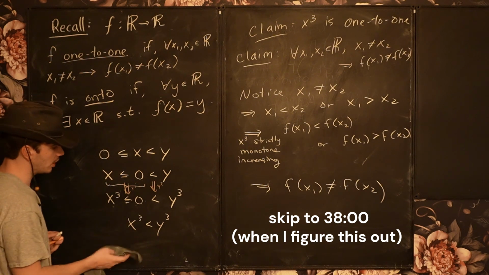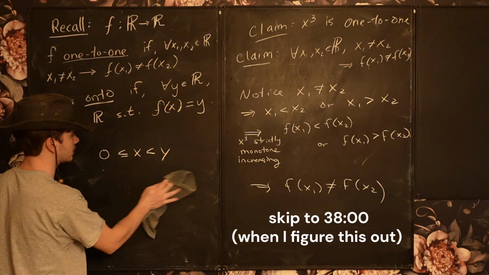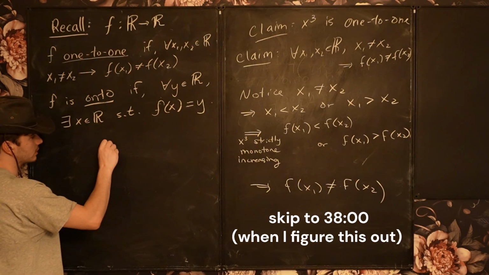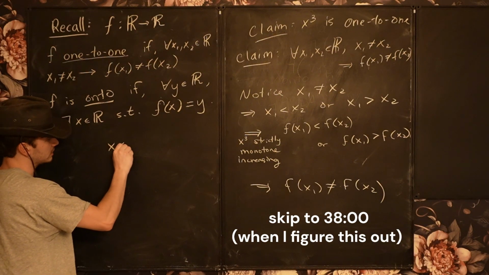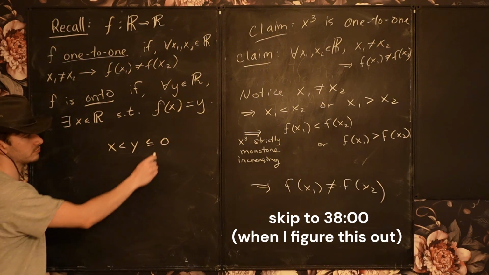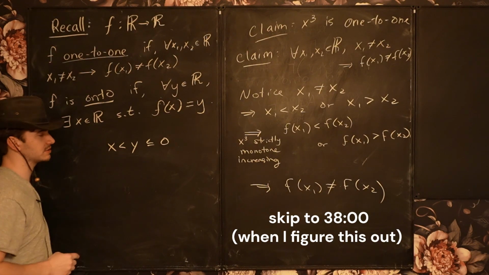Okay. All right. So now let's look at the last case, which should just be x is less than y is less than or equal to 0. This will cover all the cases of where 0 could be with respect to x and y.